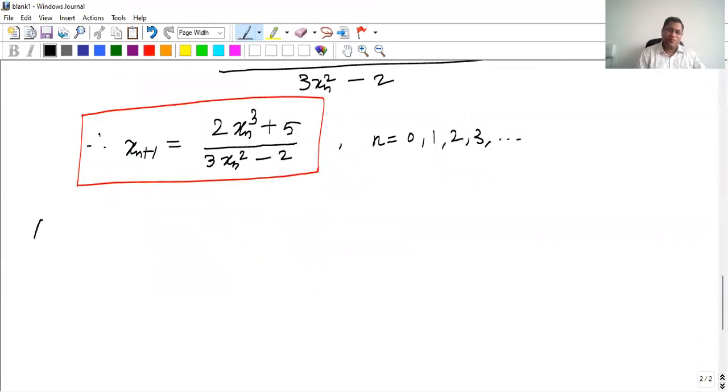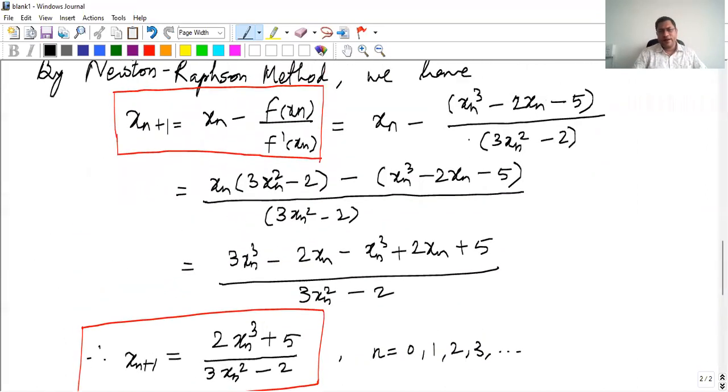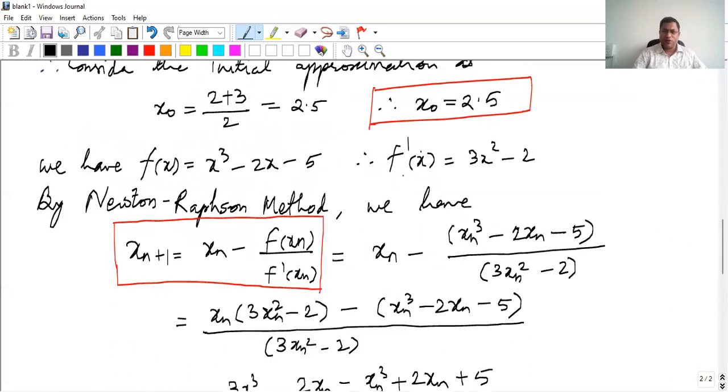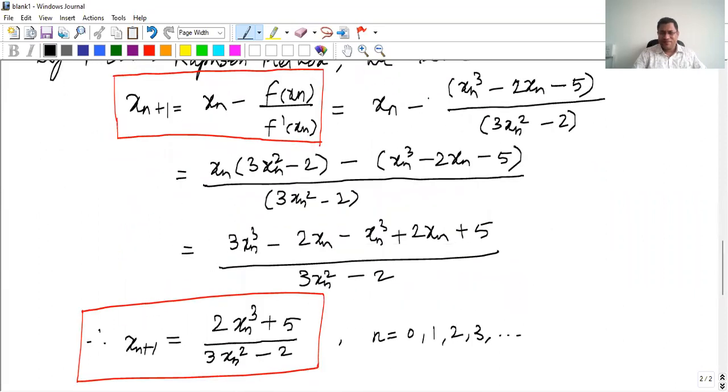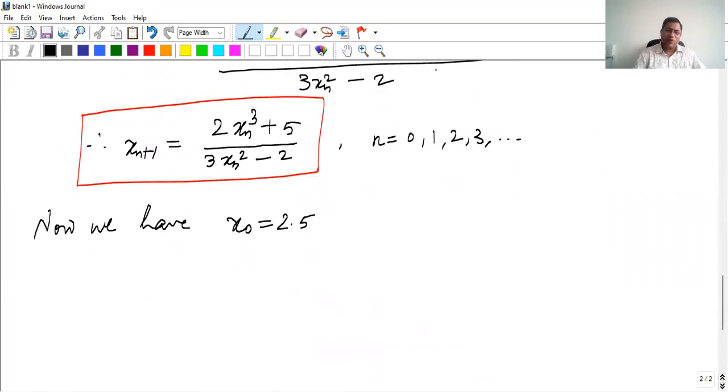Now we have x0 equal to 2.5. We have calculated this x0, no? Yes, x0 is going to be 2.5, right? Yes, sir. So now we have to put this value in this expression.